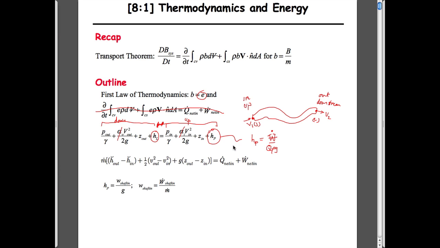That's a must. This is a keeper, this whole thing, and we'll talk a bit more about it when we talk about pipe flow. If you put this expression in here, you basically get W dot over m dot g, which is equal to W dot over volumetric flow rate times density times g.